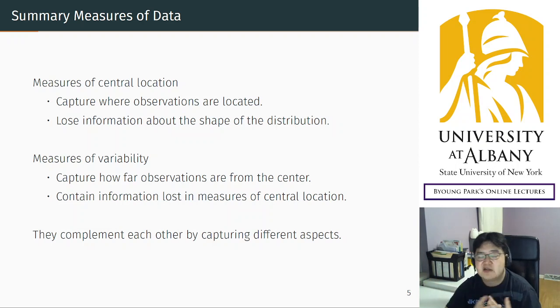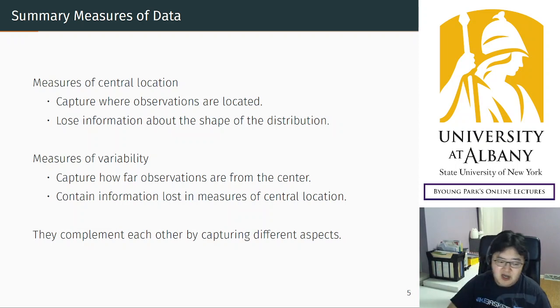They capture different aspects, different dimensions of the distributions, and they complement each other. That's why we usually use these two measures together.